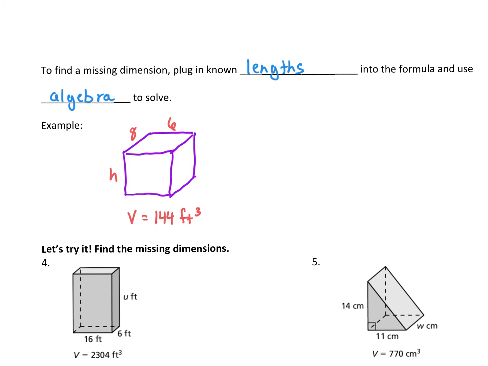Well, we need to find the height. So we plug it in. So 144 must equal base times height, 6 times 8 times h. Simplify some more. 144 must equal 48h. Divide by 48. Divide by 48. h is then 3 feet.